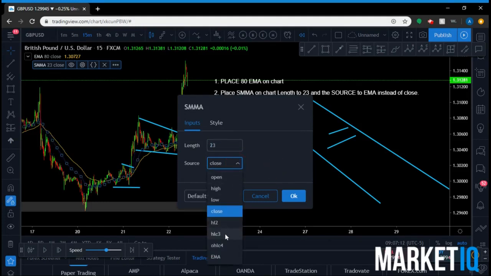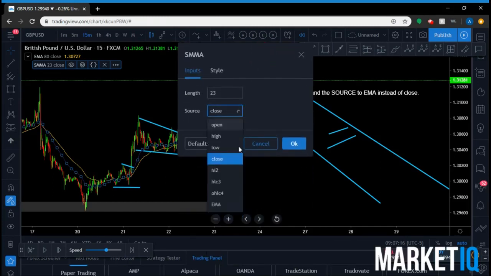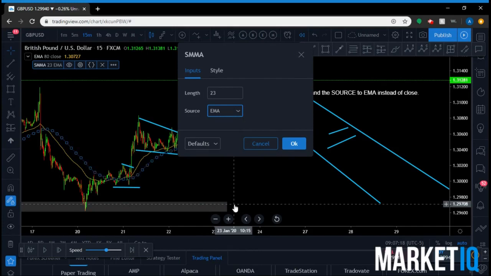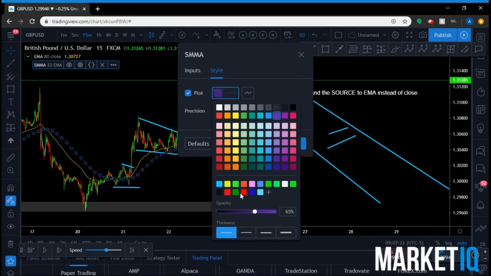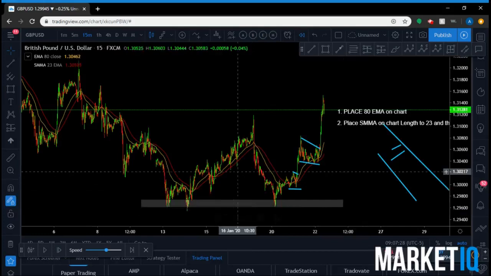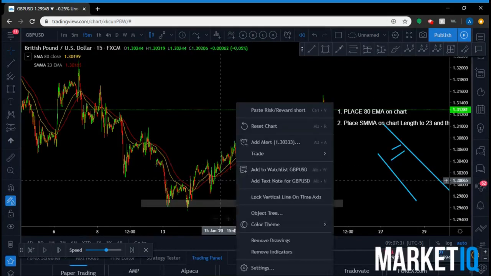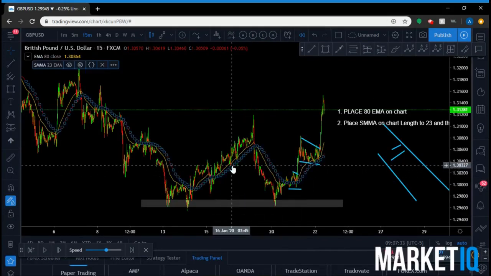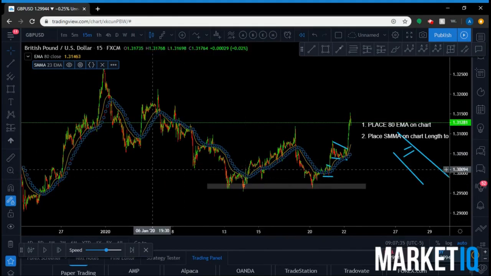Set your source to EMA. Change the color to whatever you like. I use red. And voila, there you have it. You've got the SMMA on there.